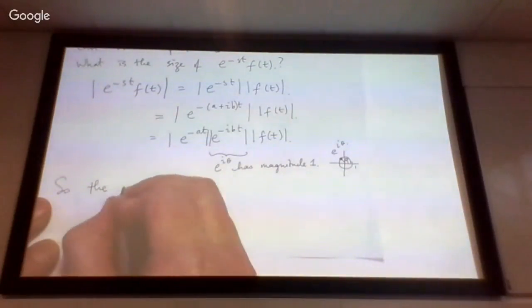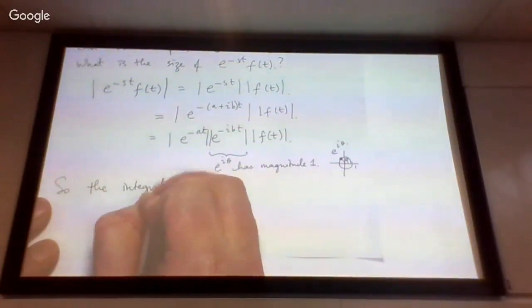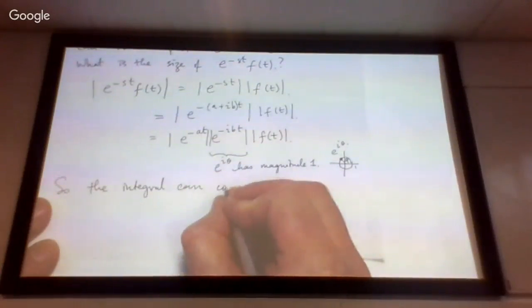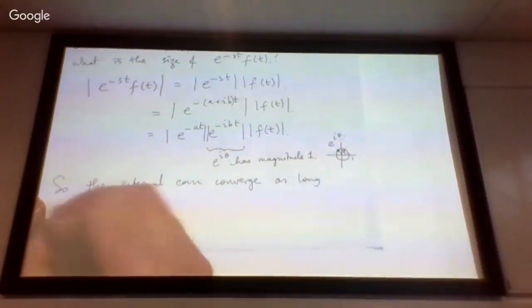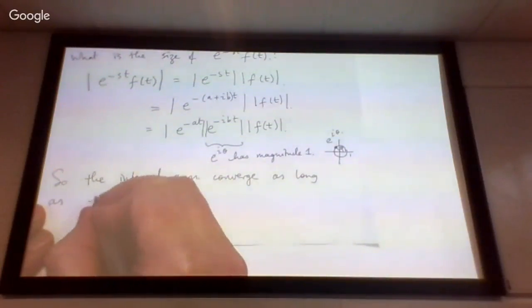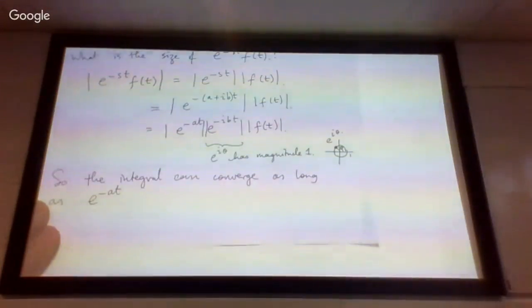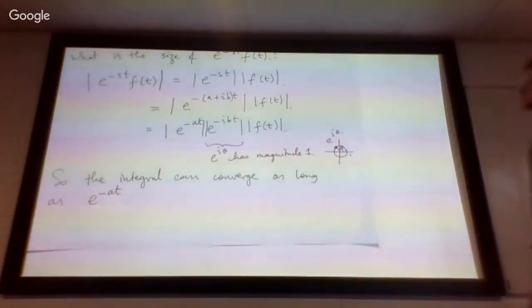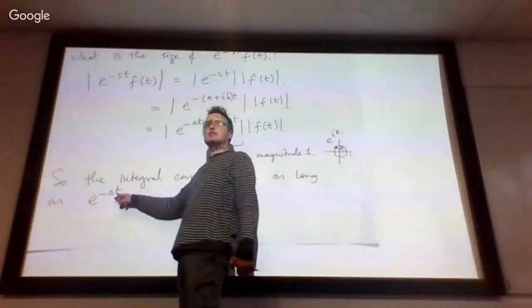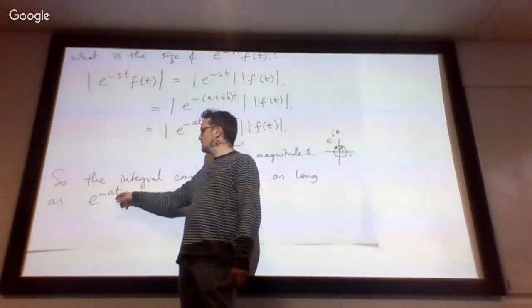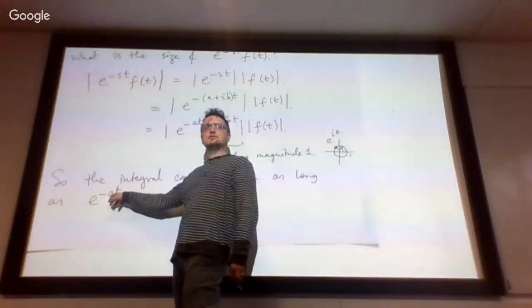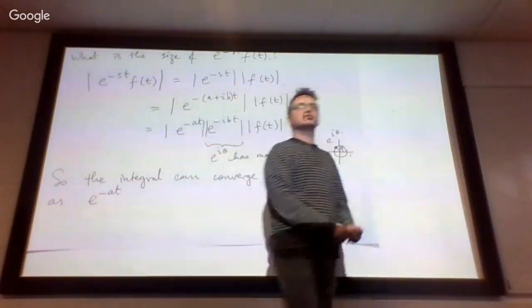So the integral can converge as long as e to the minus at, which, I mean, what is e to the minus at? t is going from 0 to infinity, okay? So t is getting large. So as long as a is positive, this factor is going to converge to 0.